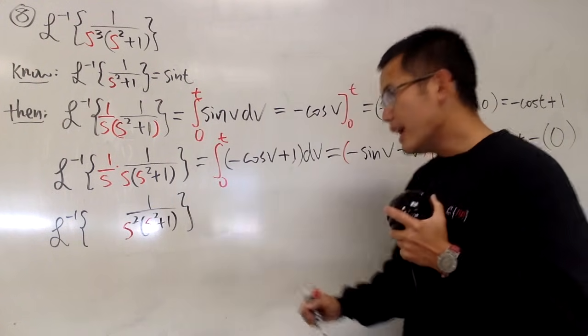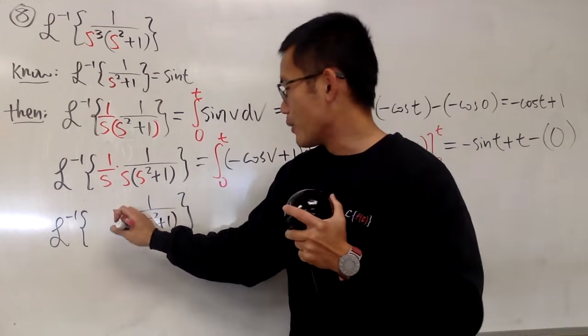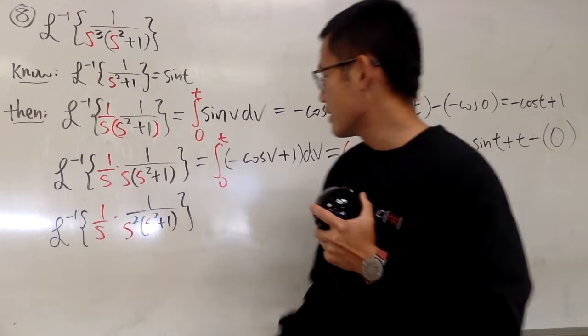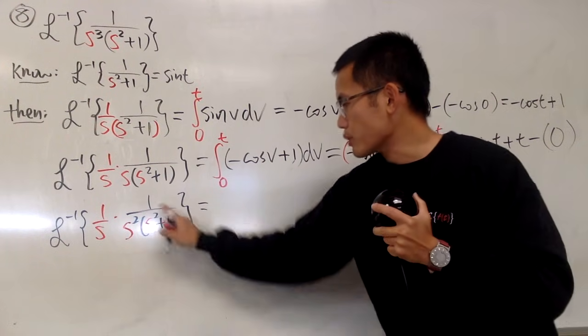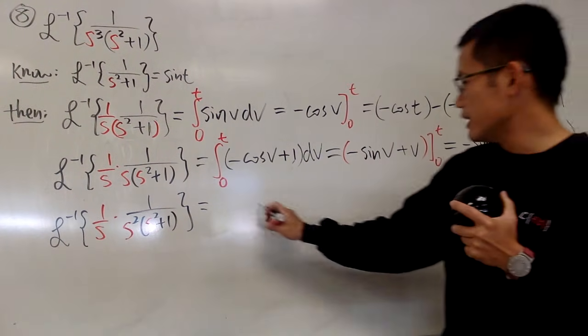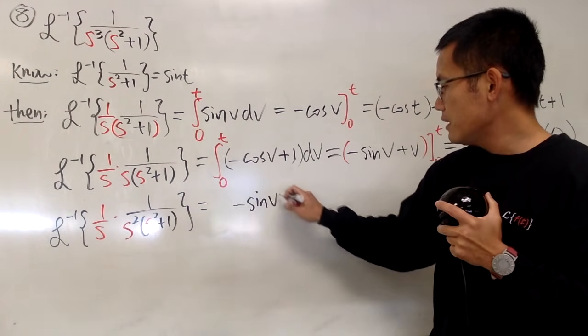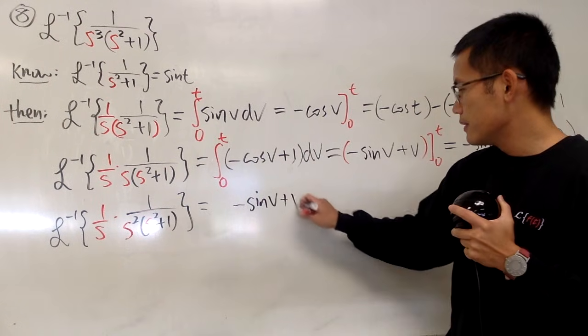Again, to get the third power, of course, we have to have the 1 over s right here. So this portion just gives you that, which is negative sine phi plus phi.